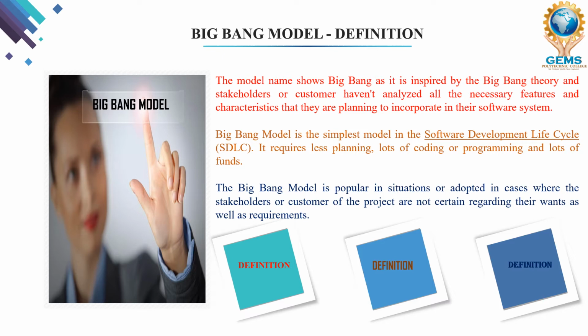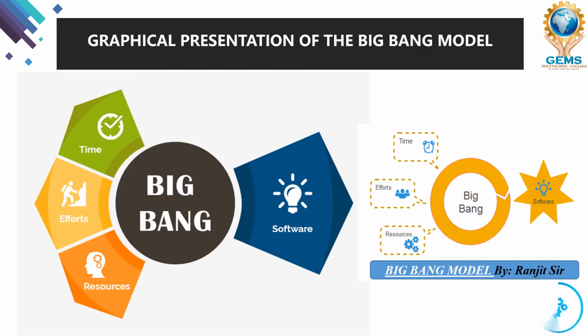So these are the definitions where we explain the Big Bang model and in which situations we are going to use this concept of the Big Bang model for the development of software, right? So these are the three basic points I have given as a definition of the Big Bang model. Now we will see the graphical representation of the Big Bang model.